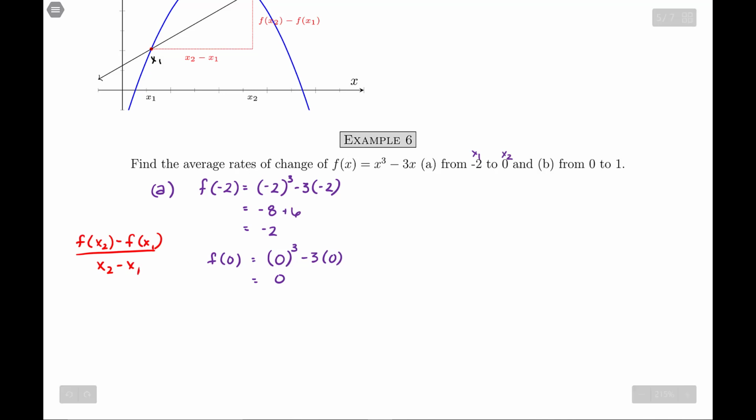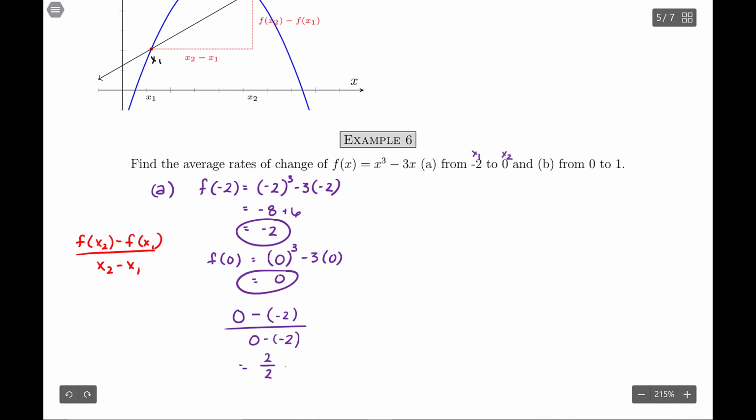So our f of x sub 2 is this value right here, 0, minus f of x sub 1, which is negative 2, over our x sub 2 value of 0 minus our x sub 1 value of negative 2. And when we simplify that, we get 2 over 2, which equals 1. So the slope of our secant line from negative 2 to 0 is going to be 1.